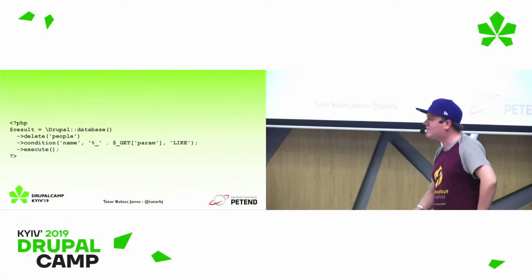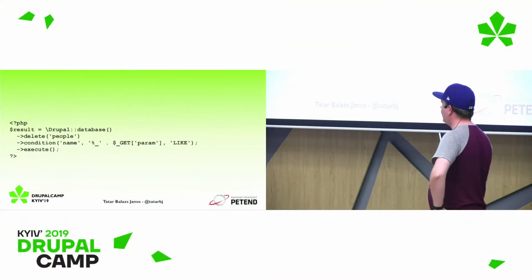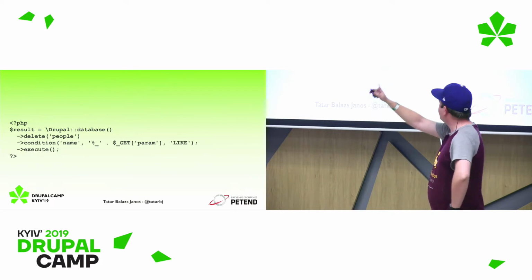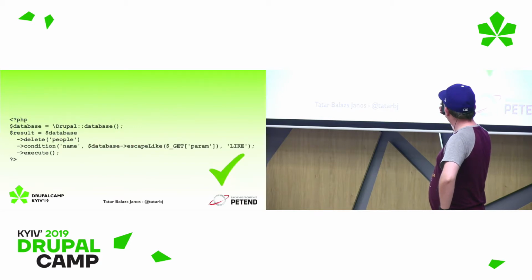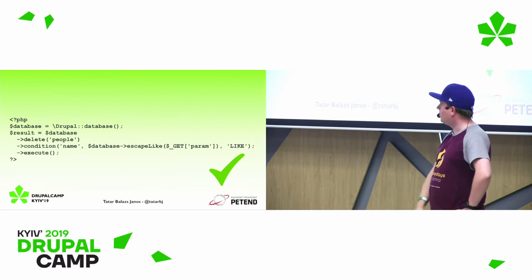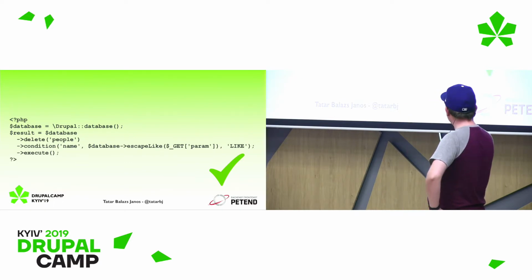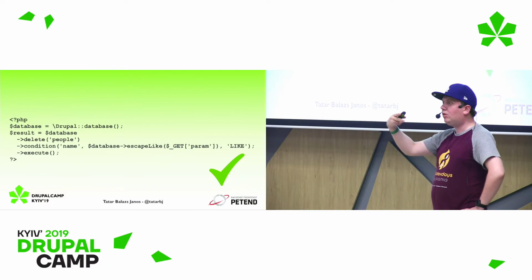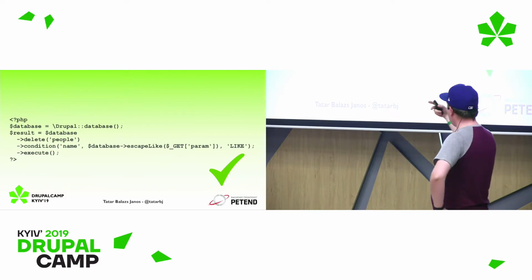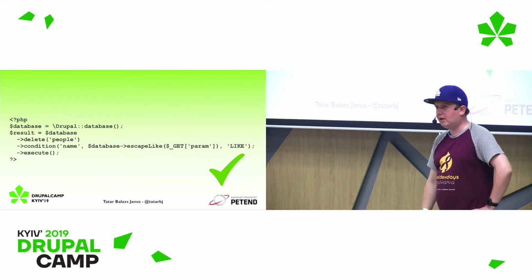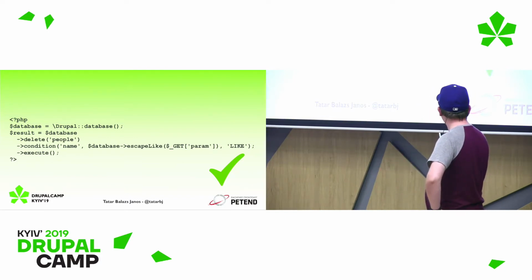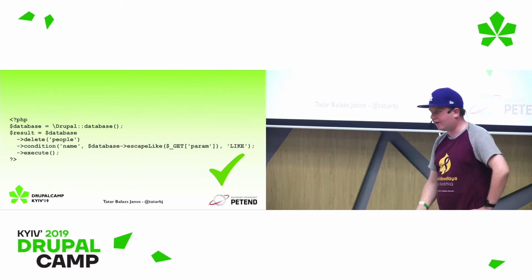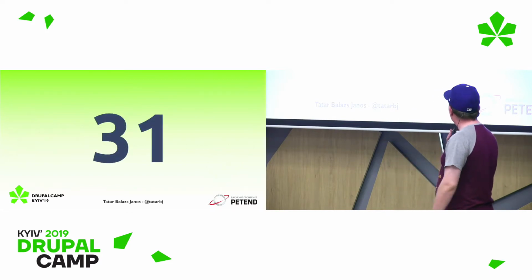Placeholders are also used, but the real problem is the LIKE, because escapeLike is not used. If it's not LIKE but imagine an equal sign, and still the GET parameter is there, it's going to be sanitized. But in the case of LIKE, it's not going to be sanitized. So it's red. 31.